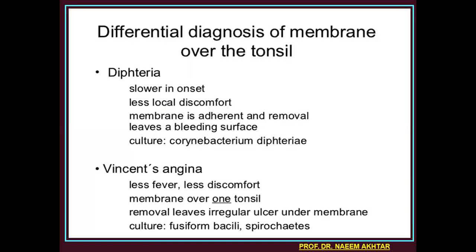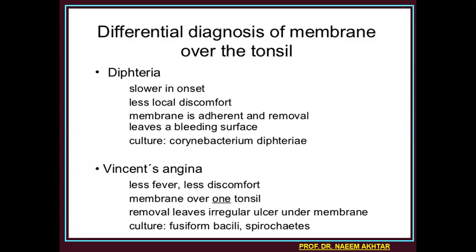Now, differential diagnosis of membrane over the tonsil. There are certain other diseases apart from membranous tonsillitis which may present with a membrane on the tonsil. So all these diseases must be kept in mind to differentiate one disease from the other. For example, diphtheria.